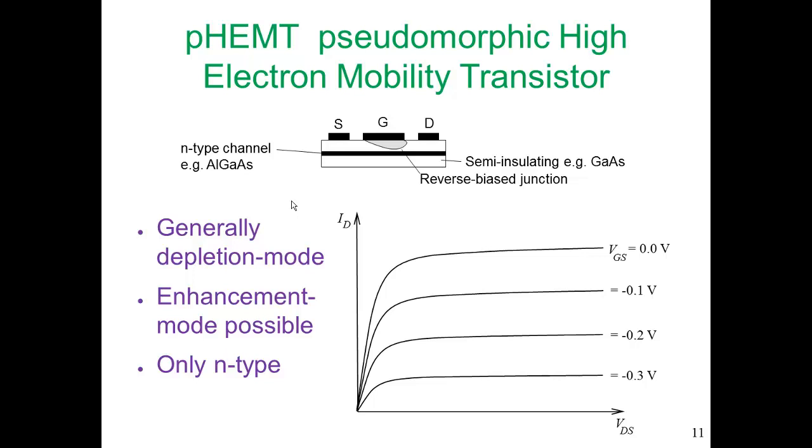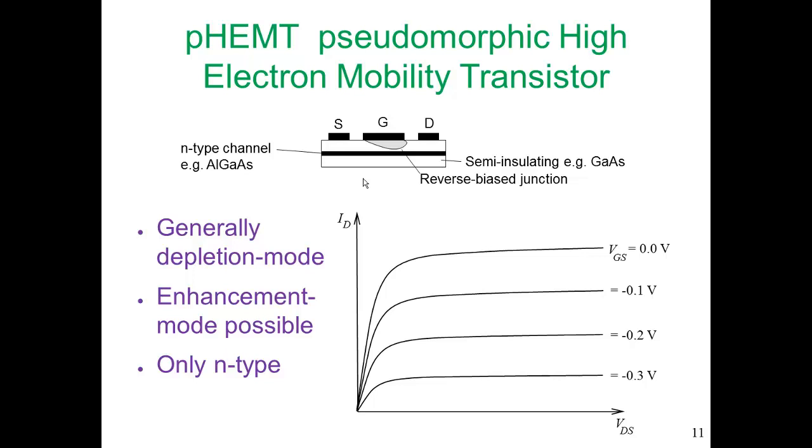Above that layer is an insulating or a semi-insulating layer of gallium arsenide, and below that is the semi-insulating substrate. So it appears that our gate is creating a reverse bias junction, but it's not quite the same properties. It's affecting the current flow in the channel, but it's not really creating a reverse bias junction. But as far as we're concerned as a designer, the characteristics look the same.